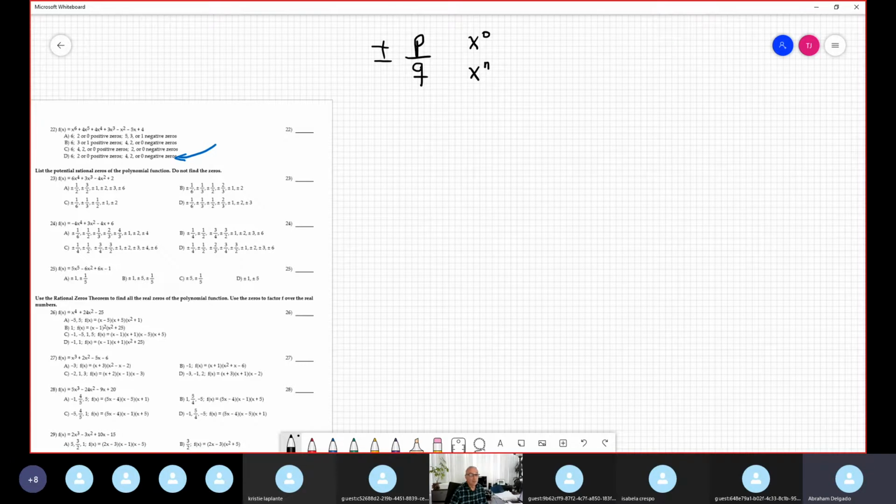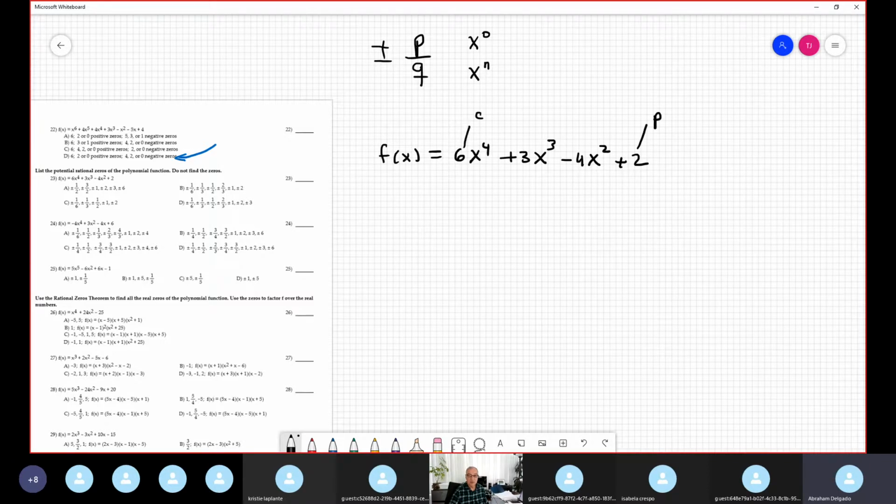Okay, let's do it. We have f of x equals 6x to the 4th power plus 3x to the power minus 4x to the 2nd power plus 2. Who is P? P is 2. And who is Q?